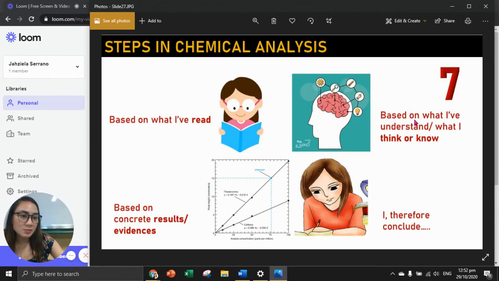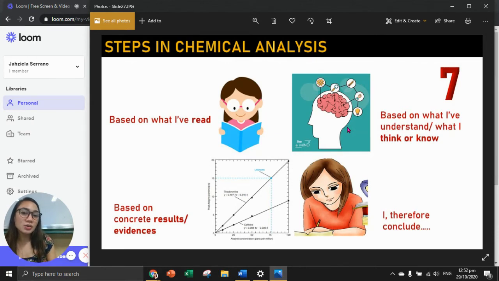Next picture is based on what I've understood or what I think or know. And then we have here based on concrete results or evidences. The last picture, I therefore conclude. So yung word natin for this, for 4 pics 1 word is conclusion.